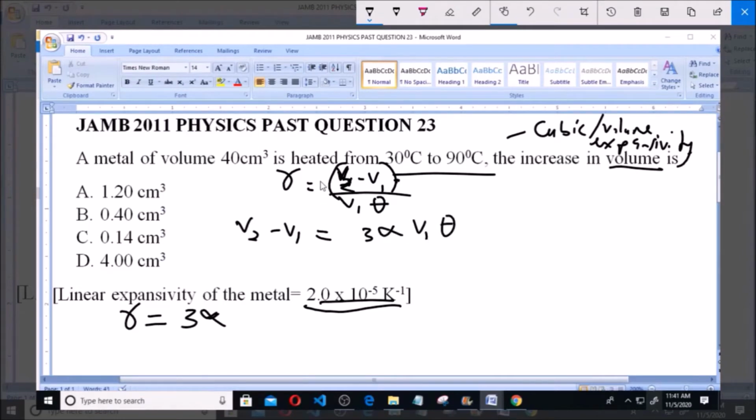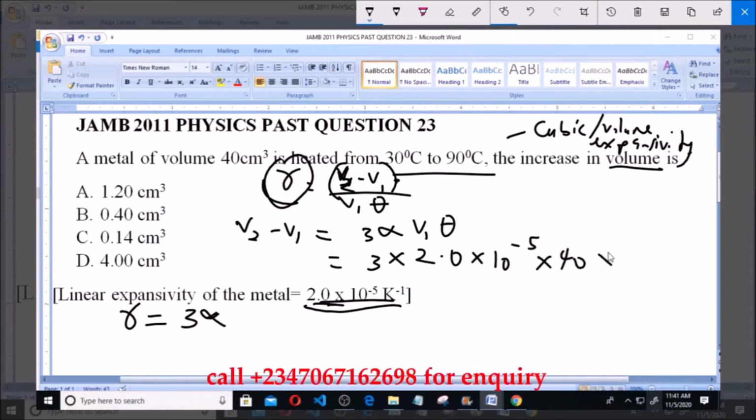Remember we said gamma is equal to 3 alpha, so that is equal to 3 times alpha, which is of course our linear expansivity, 2.0 times 10 raised to the power minus 5, times 40, times the change in temperature.